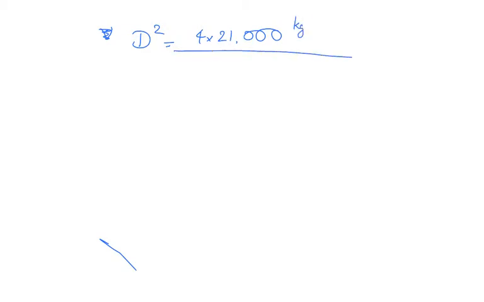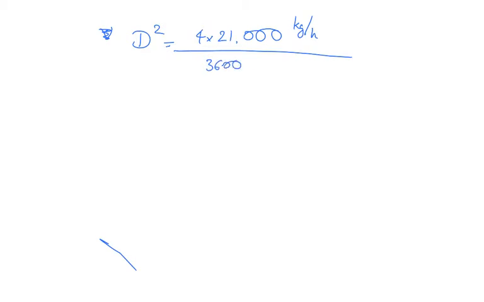That's true. Let me write that properly. Since I've made so many mistakes, let me write that properly. So you got 4 times 21,000. Now this is in kg per hour, so we have to put the 3600 over here.